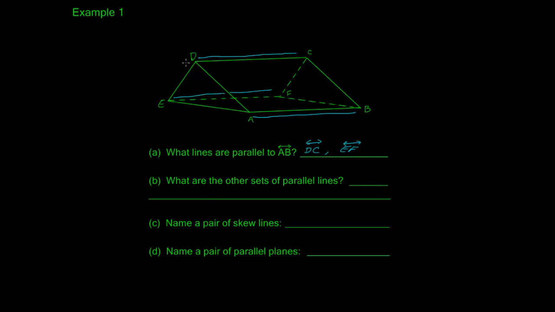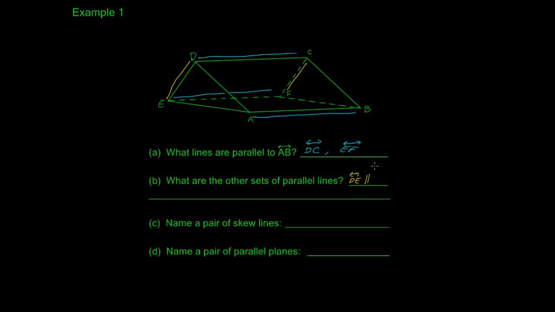Part D. Let's see, we have lines here. Well, let's grab a different color for that. Let's look at these lines. Right here we have parallel lines. So we can say we have lines DE, and here is our notation for parallel.